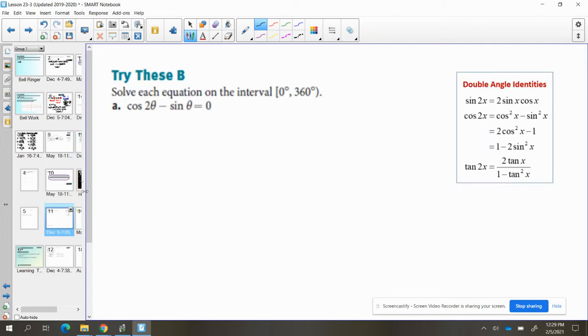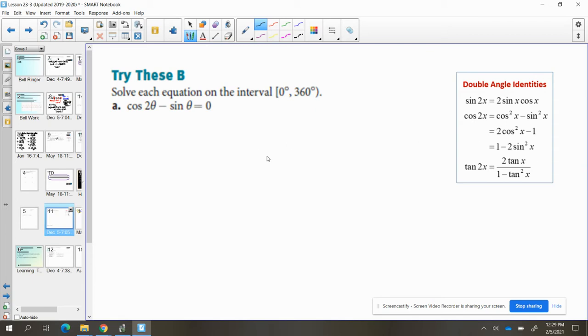So a reminder, cosine of 2 theta officially has 3 different options we could use. In this one, I would recommend transforming cosine of 2 theta to use just the sine squared, because that's what our other piece is written inside. If that had been a cosine, we probably would have wanted to use 2 cosine squared x.